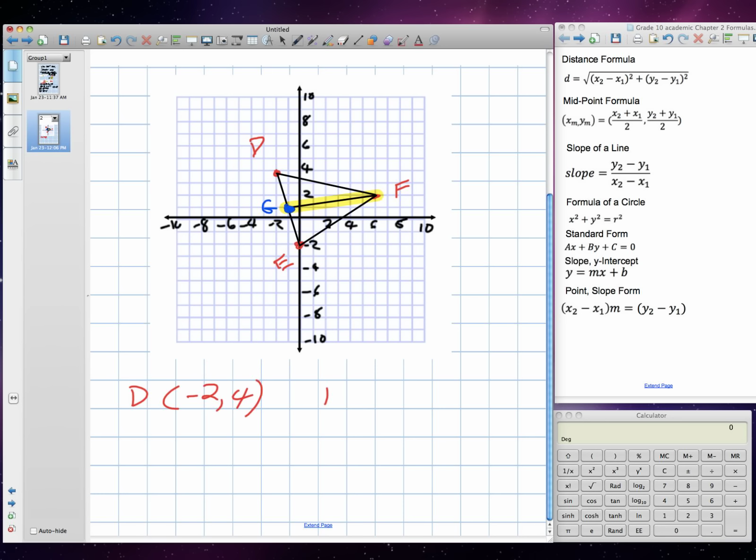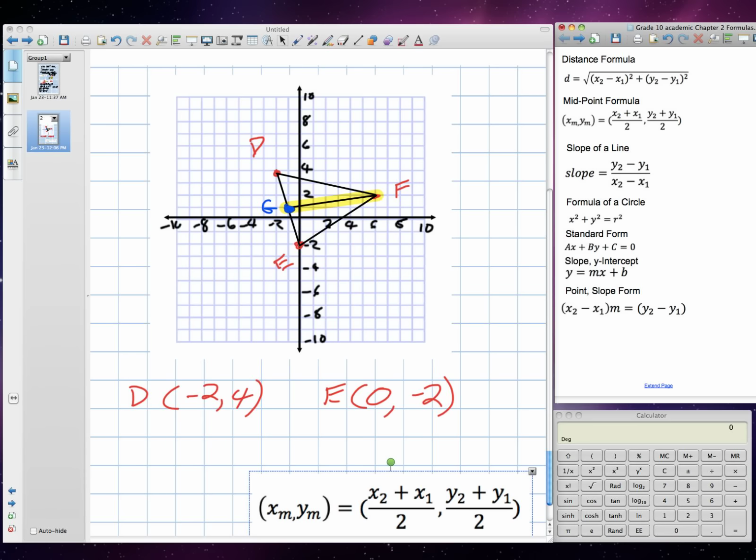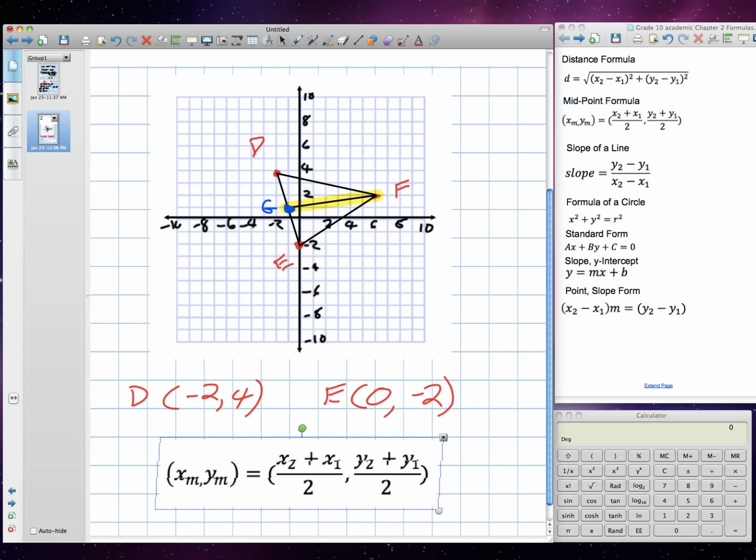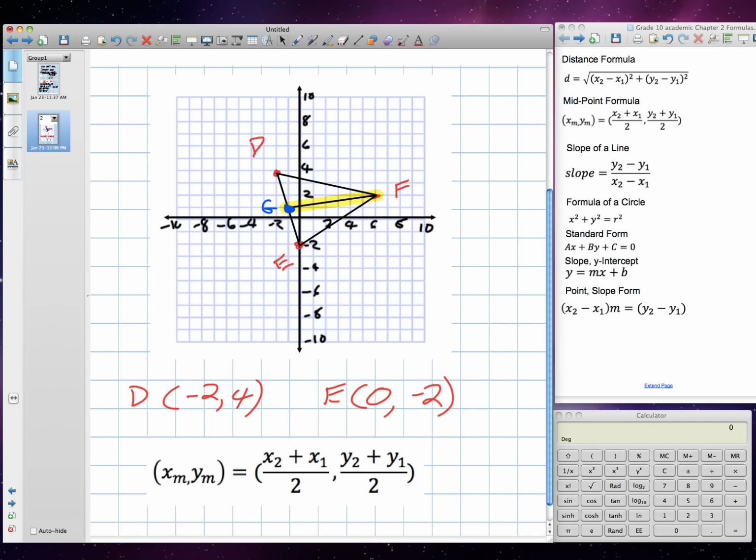We're going to use our midpoint formula, this formula here. XM and YM stand for the midpoints, so that will be the point we're looking for. We're going to call D point 1 and E point 2.